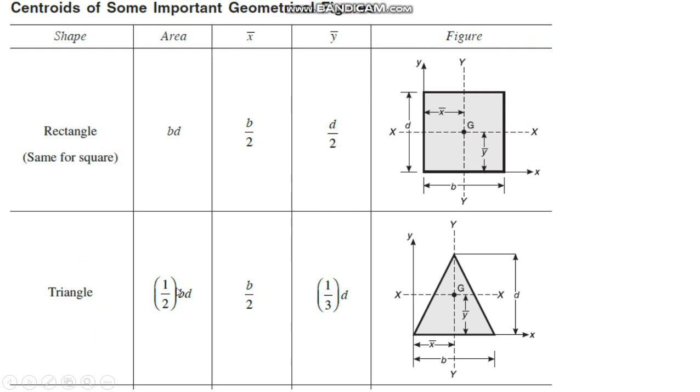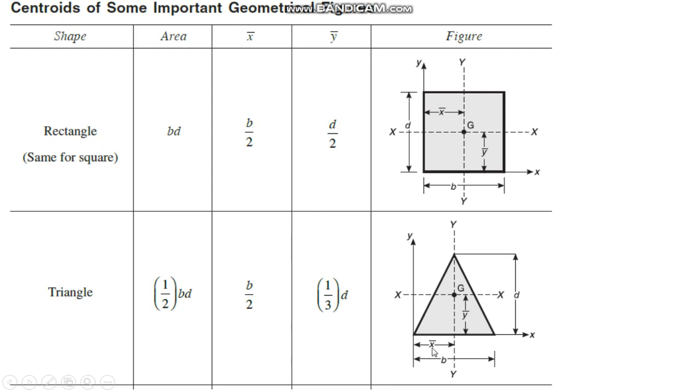Now for the triangle with base b and depth d, the area will be half into b into d. This may be an equilateral triangle, or it may be an isosceles triangle.